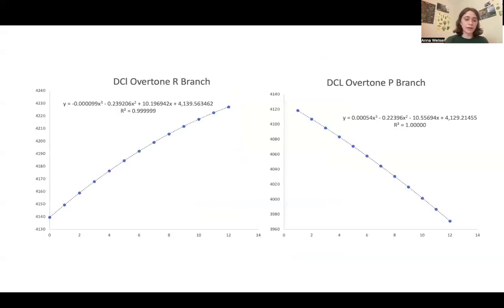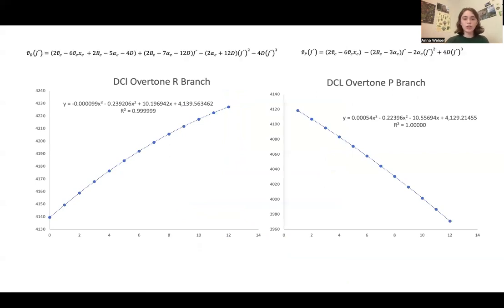This nonlinearity is very helpful, and we can use it to process our data. Here we're looking at the overtone, R, and P branches, and we can use these equations compared to our third order polynomial regression equation. Here, we can directly determine D, alpha, and B just from the coefficients of the appropriate terms of these equations.